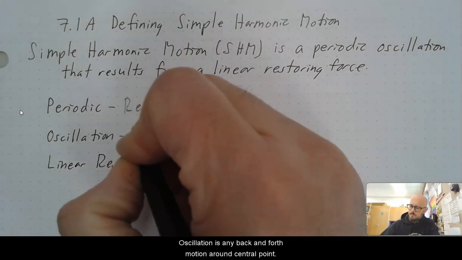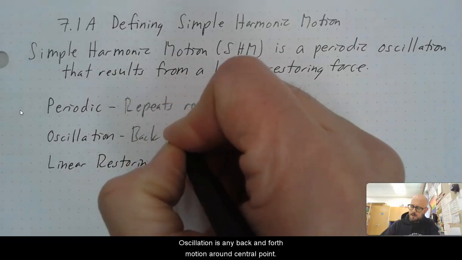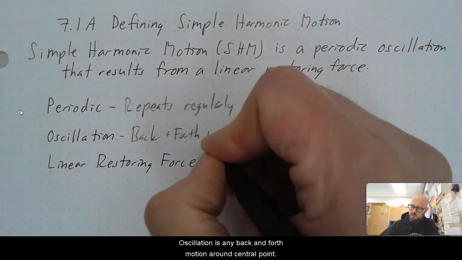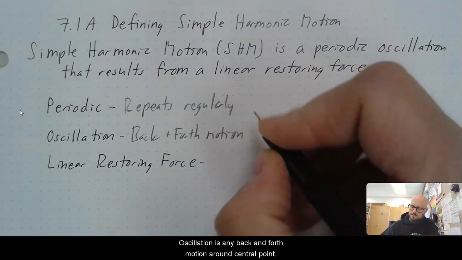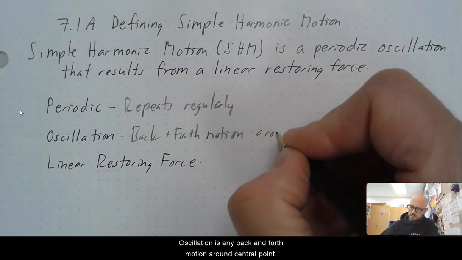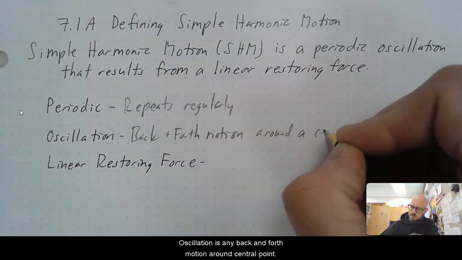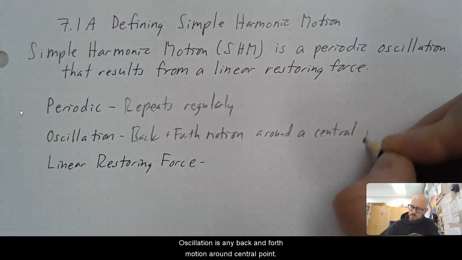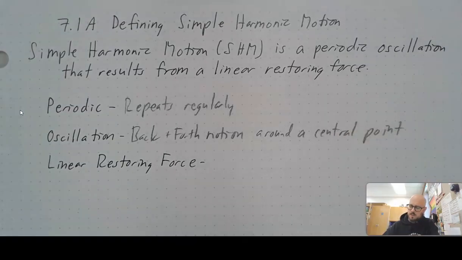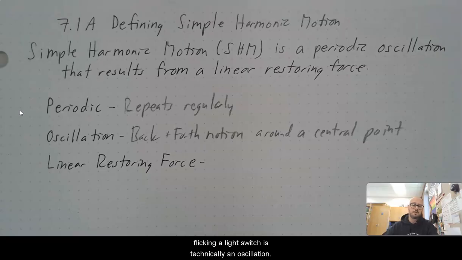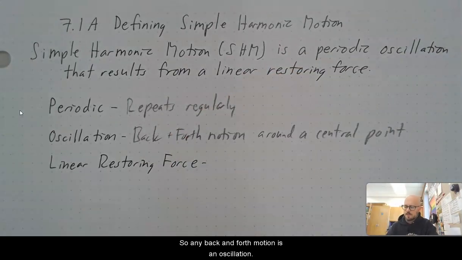Oscillation is any back and forth motion around a central point. So, flicking a light switch is technically an oscillation, but simple harmonic motion is a specific type of oscillation. So any back and forth motion is an oscillation, but only some oscillations are simple harmonic motion.